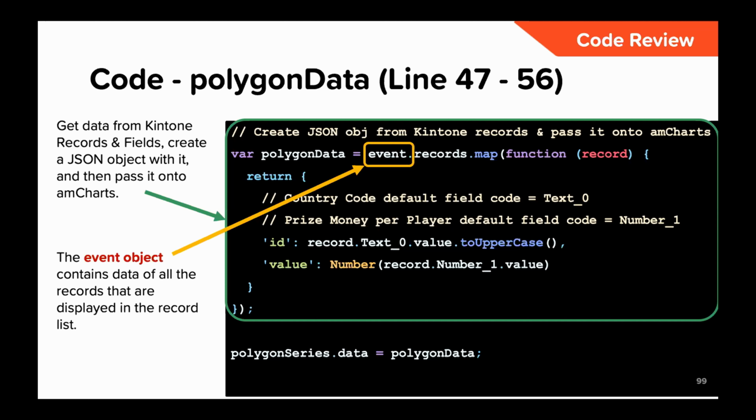What we're returning is essentially the list of all of the country IDs and the value of the money, the prize money per player, which is then going to be passed into amCharts as data over here. So now we have this polygon series object, which has all of the different countries in it, and it's got the data that corresponds to the tooltip as well.